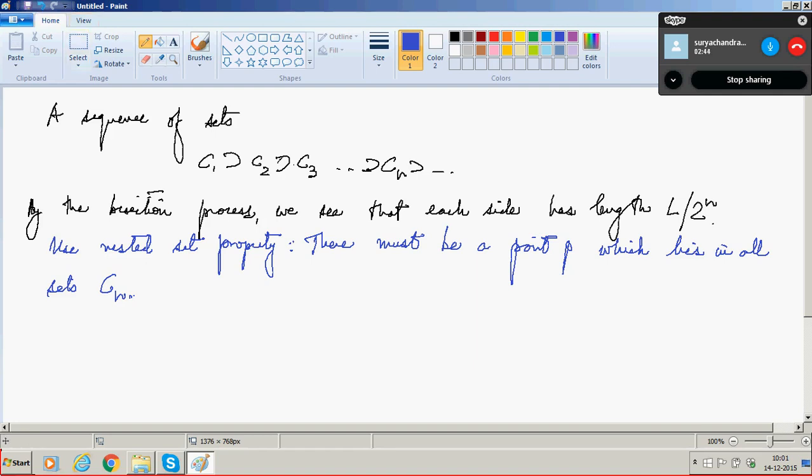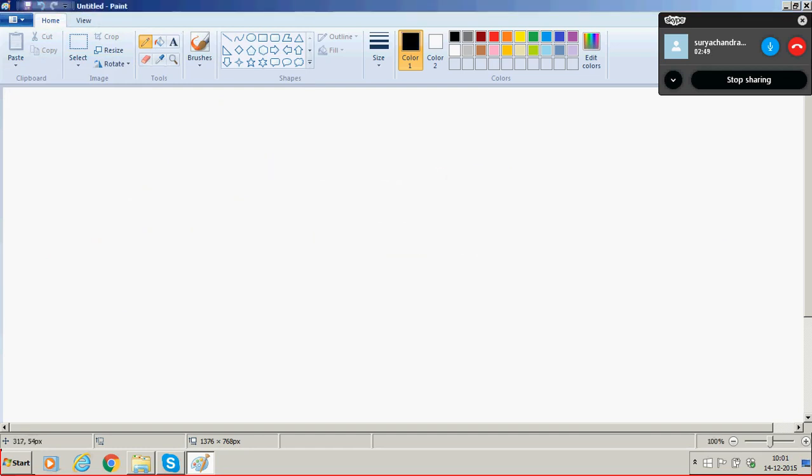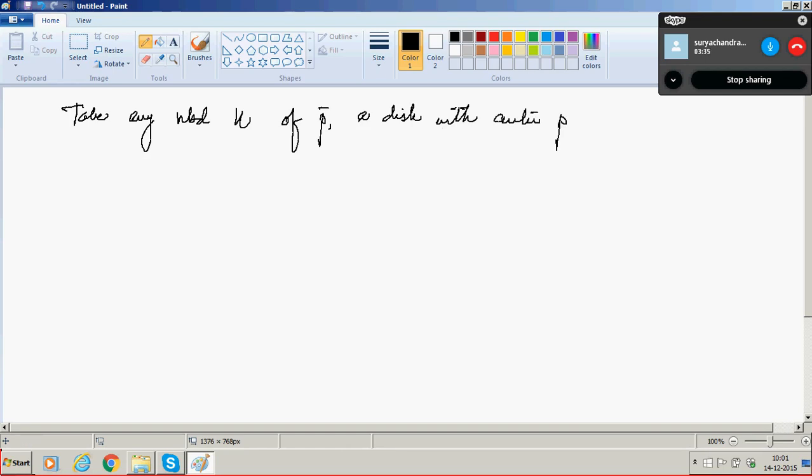So what we do now is take any neighborhood U of P. Let us call this neighborhood U of P bar, which itself is a disk with center P, as I draw the diagram it will become very clear, and radius epsilon.